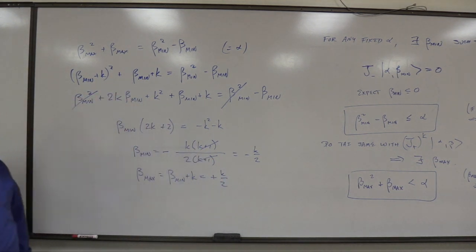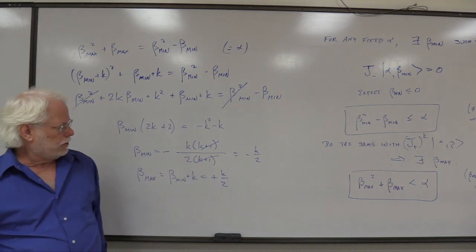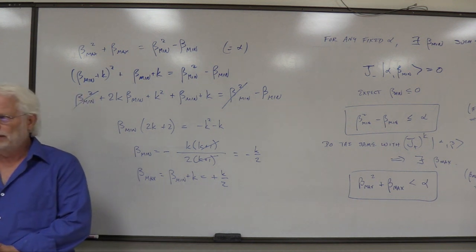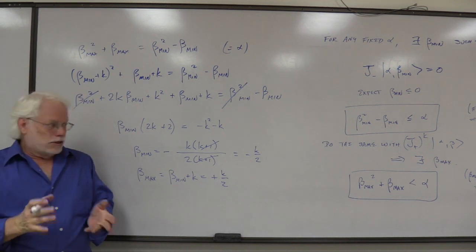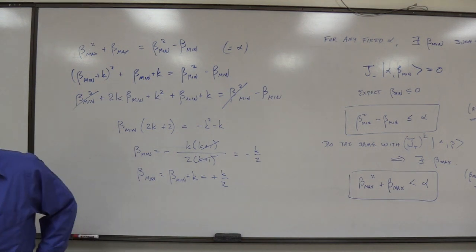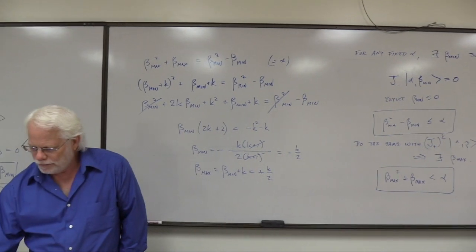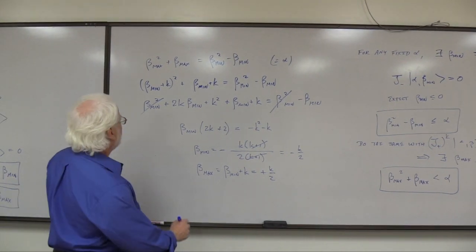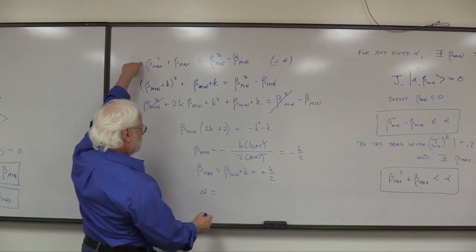And so the possible values for beta max and beta min are any non-negative integer times a half. We actually basically knew that. Now we can also find alpha. We can use either of these.